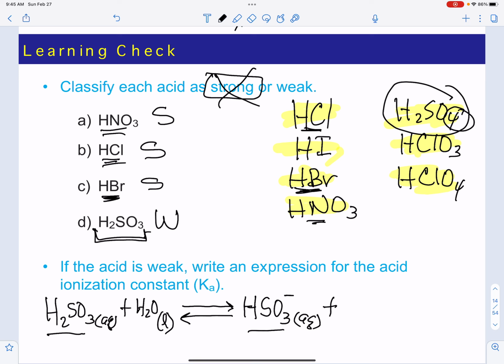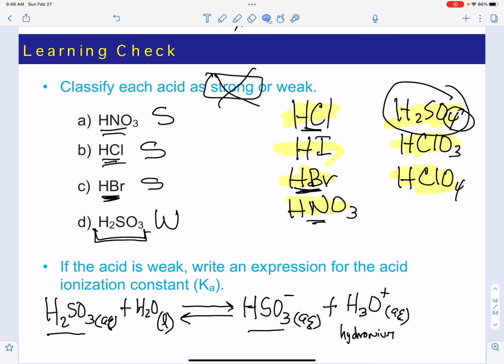And the water just gained a proton. So the water, which is neutral, just gained a positive charge, so it should be positive. It's another polyatomic ion known as hydronium, and we talked about that in part A already. This is going to be aqueous also. Is this balanced? Yes, it's balanced.